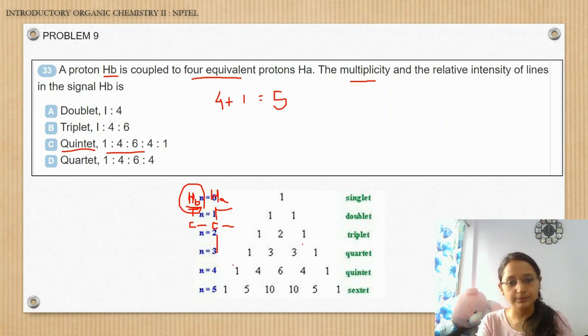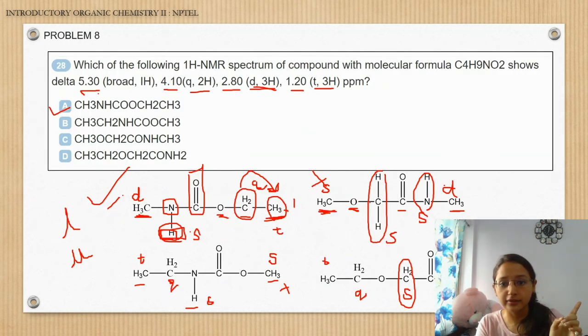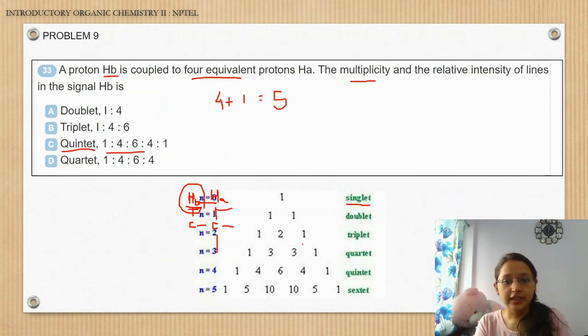So when n is equal to 0, n is nothing but the number of hydrogens present in the vicinity. If it is 0, then we are going to get a singlet, as we have seen for the methyl protons, where we are getting a singlet right here. So if it is 0, we get a singlet, and the intensity would be 1. But if it is a doublet, then the intensity is divided 1 is to 1.